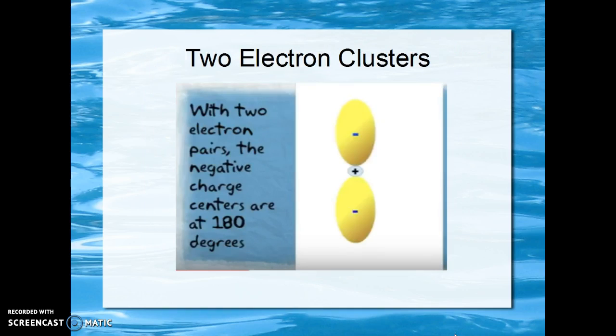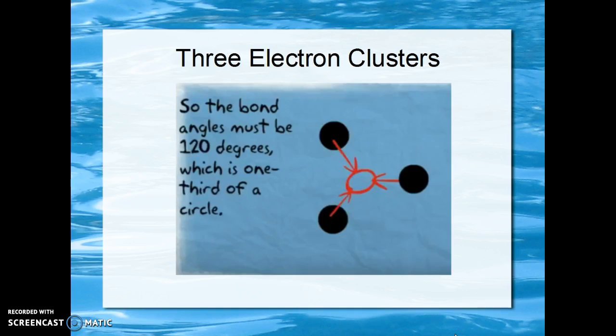When there are two electron clusters, as here, they repel each other so that the electrons are positioned 180 degrees from each other. If they get any closer, they'll start to repel. When there are three electron clusters, they repel each other so that the electrons are positioned at 120 degree angles around the nucleus of the central atom.